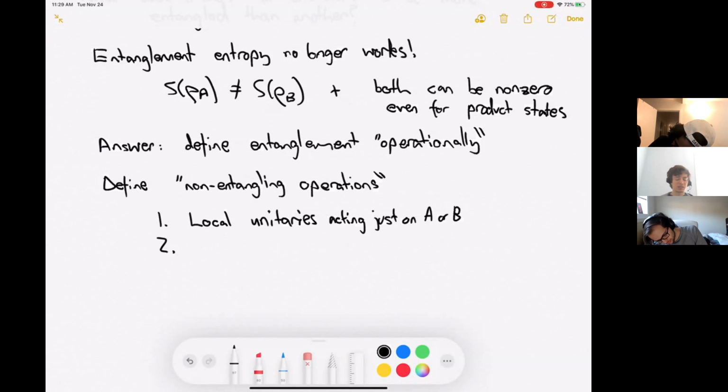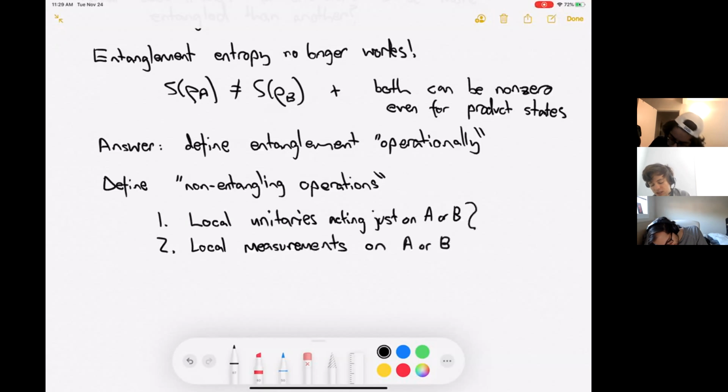Well, there's other stuff that Alice or Bob could do on their own in their own labs that manipulate their system, and that we'd want to say can't create entanglement because it's just Alice or Bob doing something on their own. And that's that Alice or Bob could do a measurement, right? They could measure their system in some way. So we're going to allow local measurements on A or B. Okay, so these two things are collectively called local operations. It's just being done in Alice and Bob's lab separately.